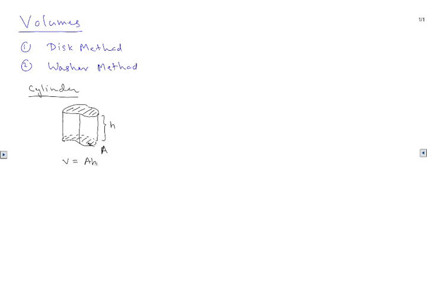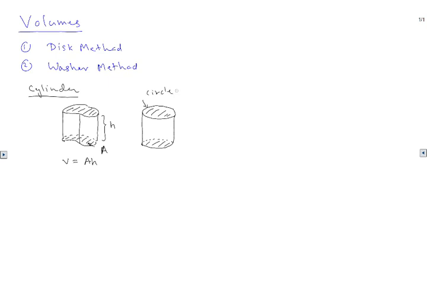That's the first type. This is just a cylinder. And then we have a circular base. The base is like a circle, like this. So we have the base, they are the same, but it's a circle.